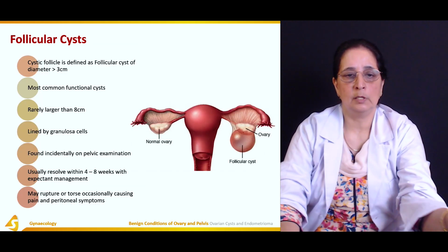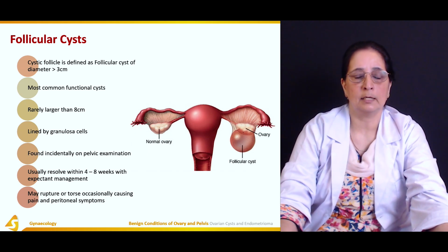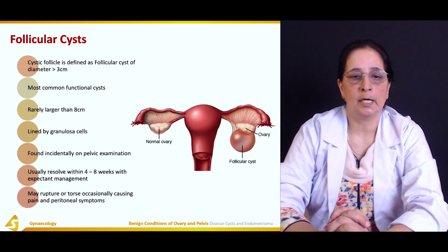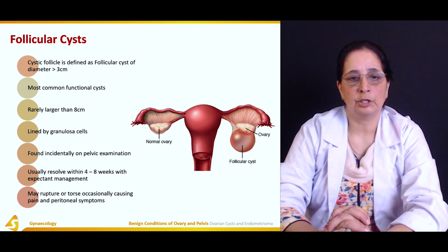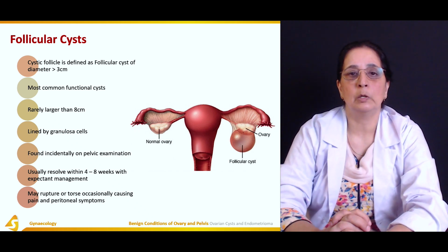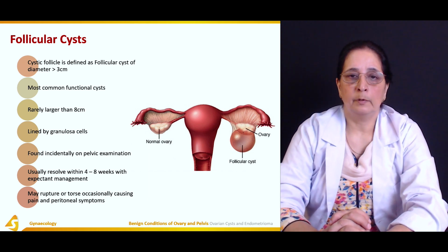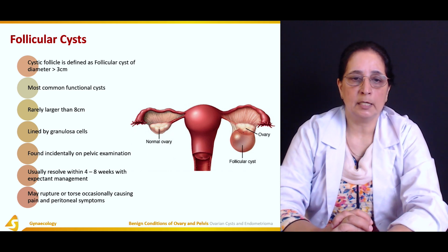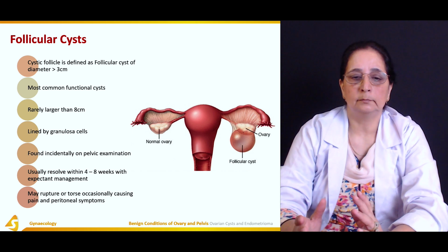First, the follicular cyst. Follicular cyst is defined as a cyst more than 3 centimeter in diameter. Most common type of functional cyst is the follicular cyst. Very rarely its size increases more than 8 centimeter, so it's not more than 8 centimeter.